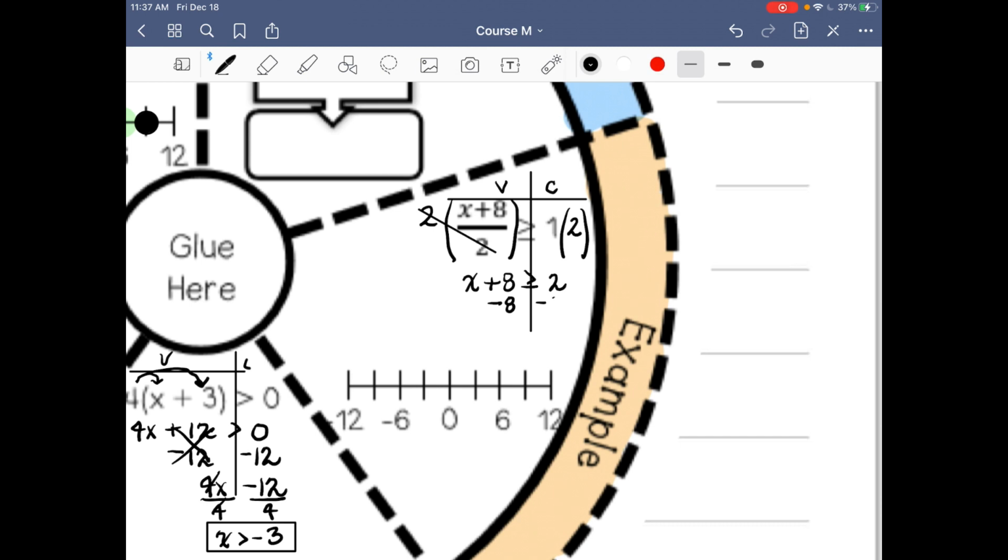And then I will move the 8. So I'm left with x is greater than or equal to negative 6. That is by far the shorter way, and probably the way I would do it.